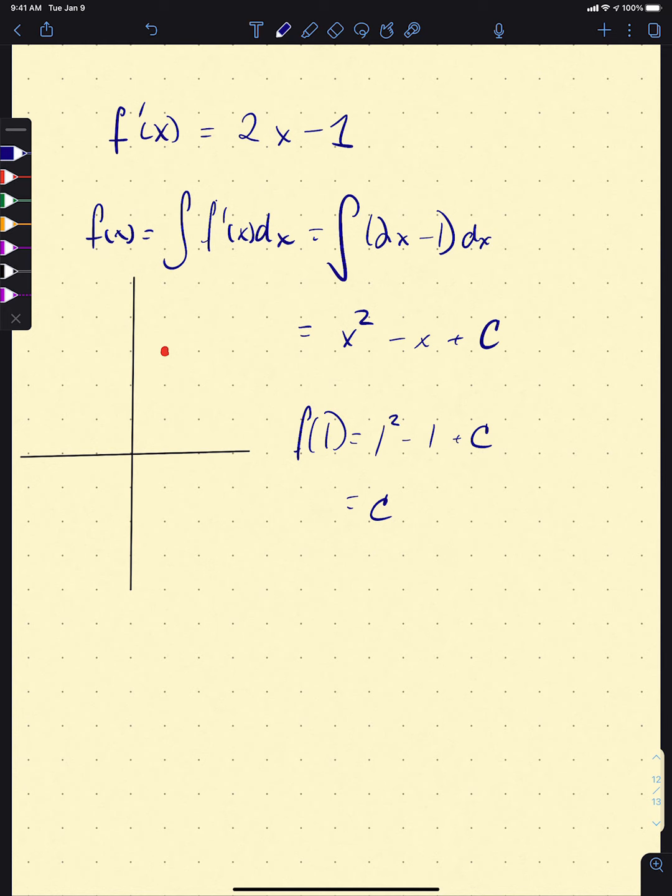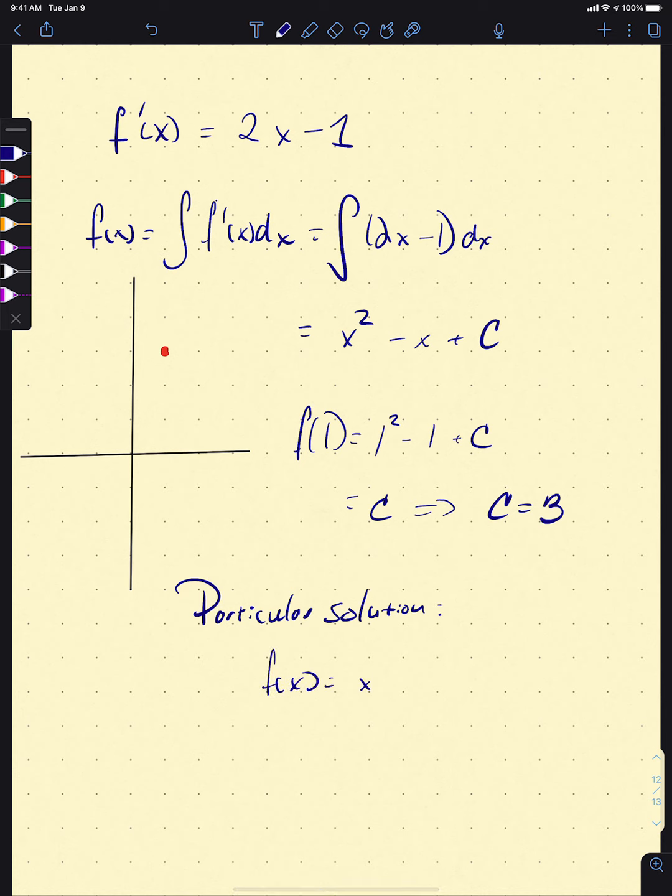But since we know f of 1 equals 3, that implies that c equals 3. So our particular solution in this case is going to be f of x is x squared minus x plus 3.